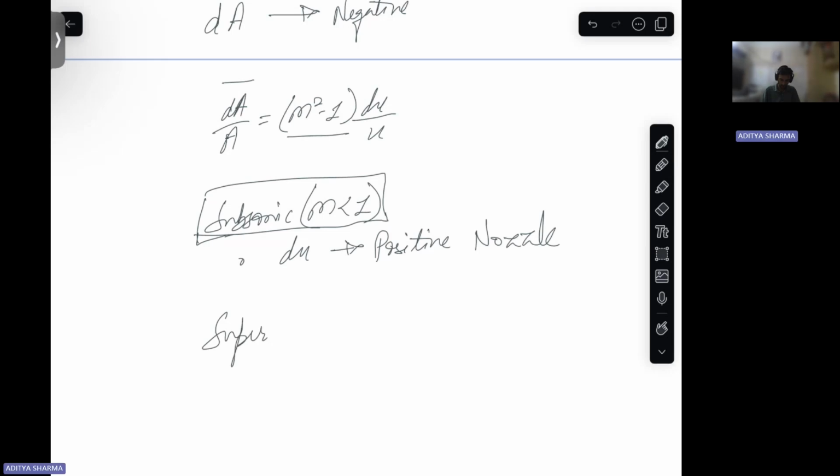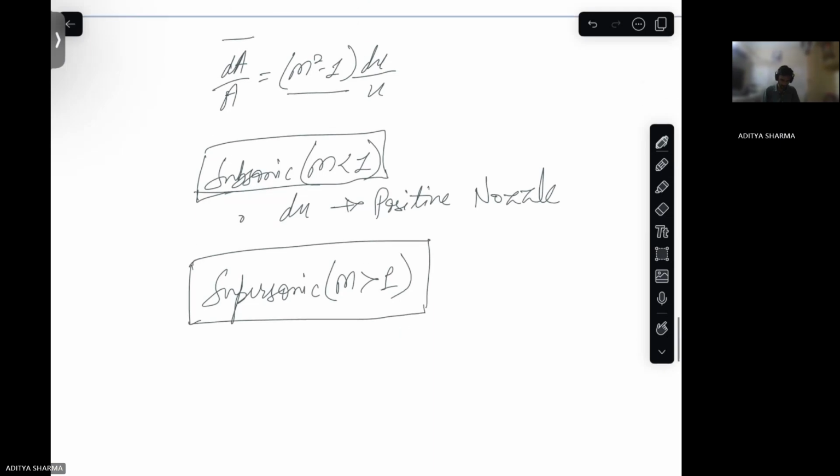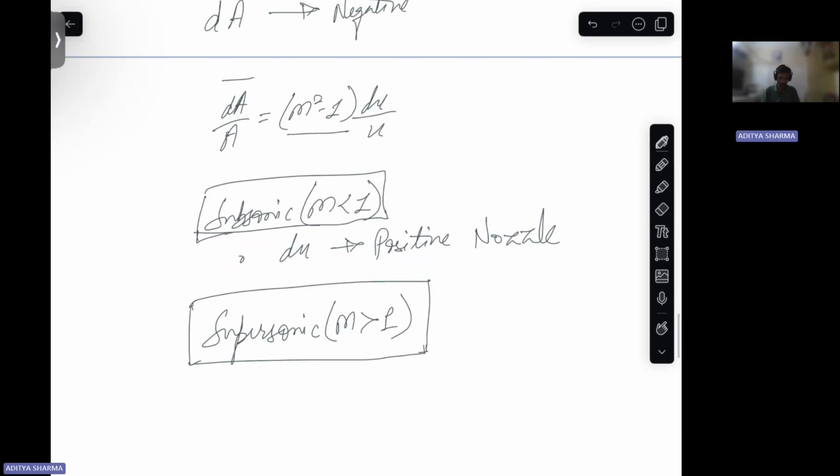For supersonic case, M is greater than 1. M square minus 1 will be positive.